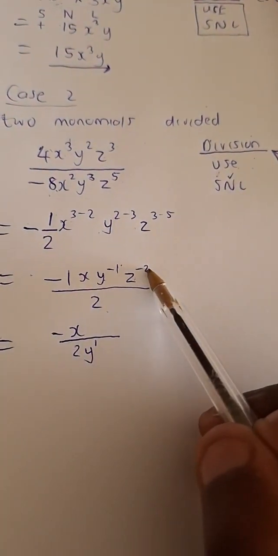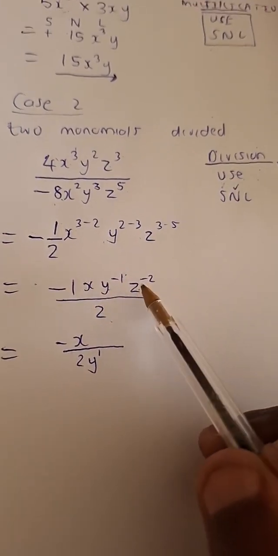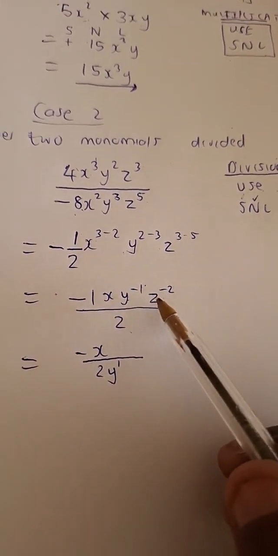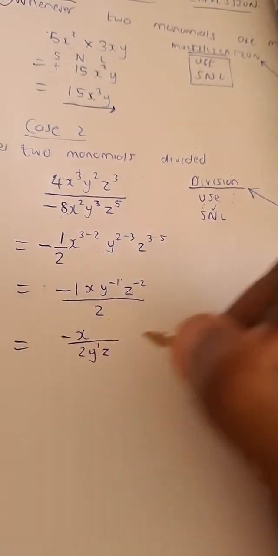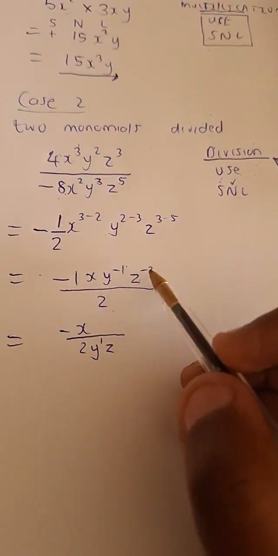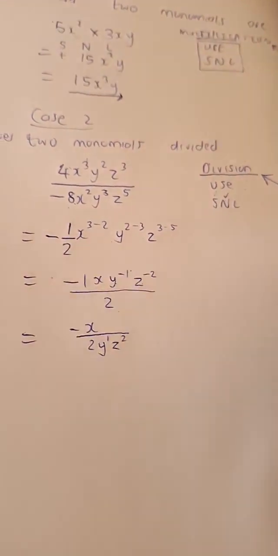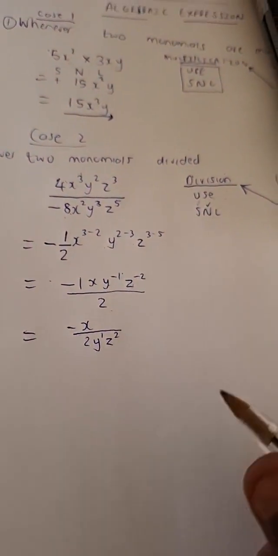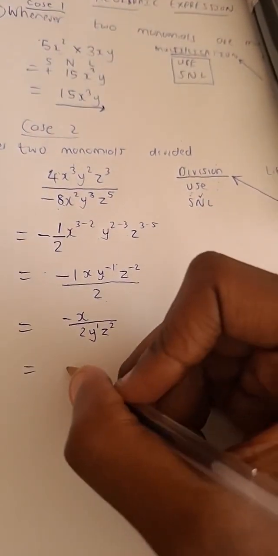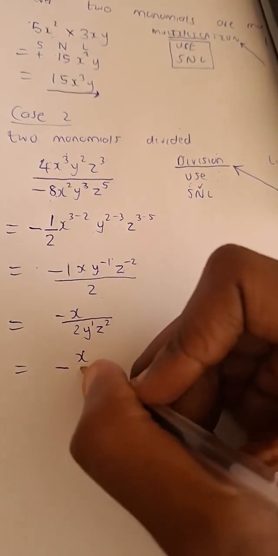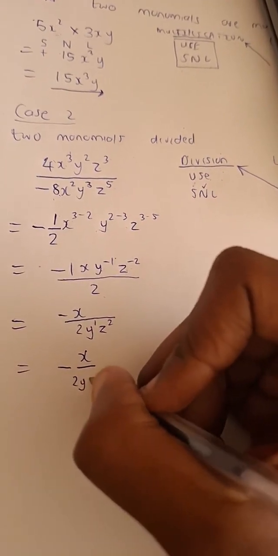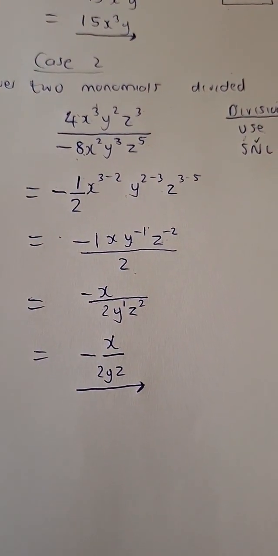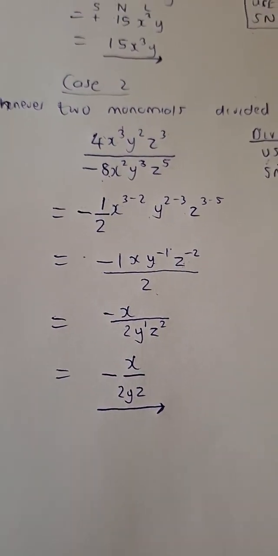Once again, you have a z to the power negative 2 in the numerator. Whenever a base is raised to a negative exponent, the base changes position, goes to the denominator, and the exponent changes the sign. So our answer, all in all, when we write it, is what? It's negative x over 2yz. That is our answer. Okay.